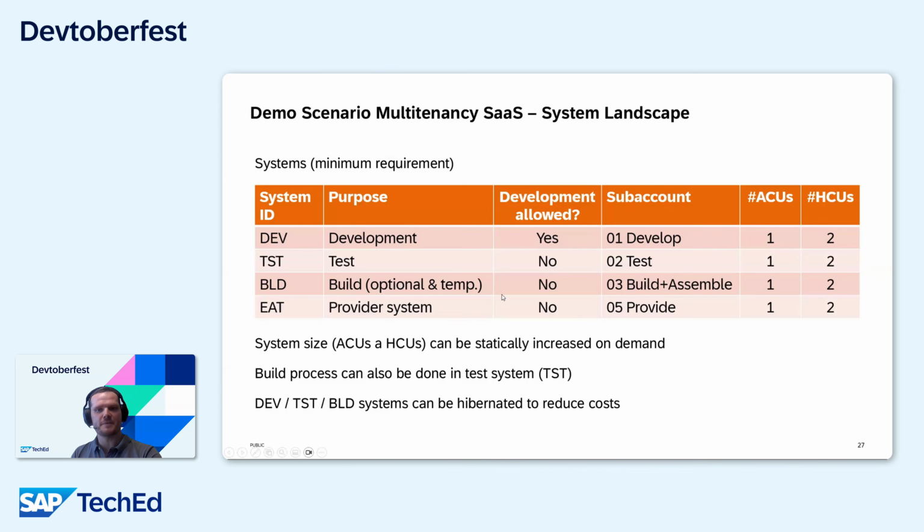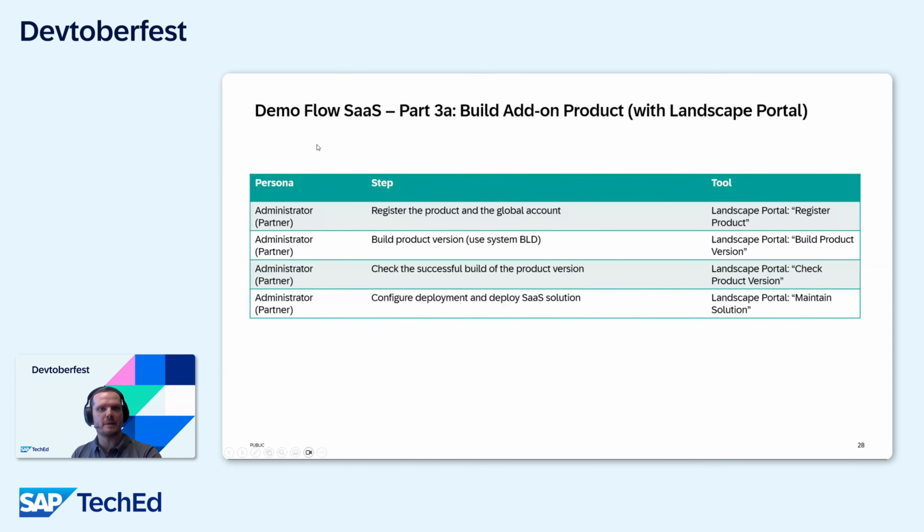Okay, so then let's have an overview of the product build in terms of a SaaS delivery. First of all, independent of the delivery scenario, in every case you have to build the product, and the product needs to be built with the help of the Landscape Portal with a certain version.